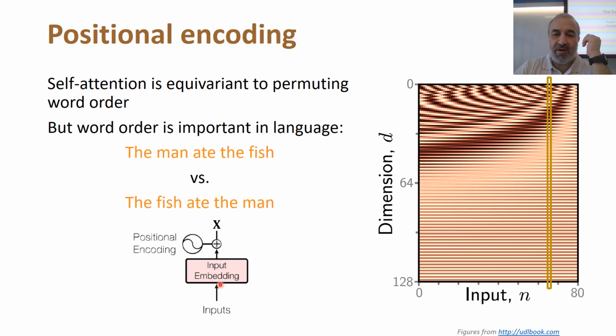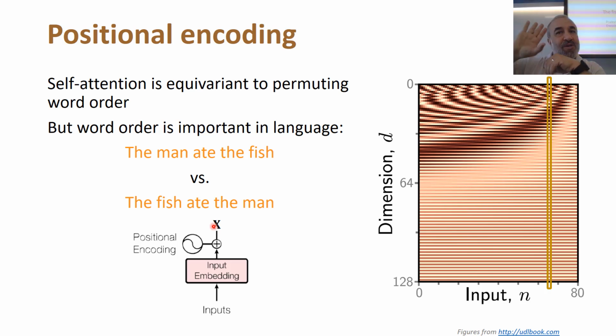We'll talk about it in 5 or 10 minutes, but that's the input to what we studied so far. We add to it the positional encoding vector before going through the process that we studied. So what is the input to the self-attention sublayer is the input embedding plus the positional encoding.